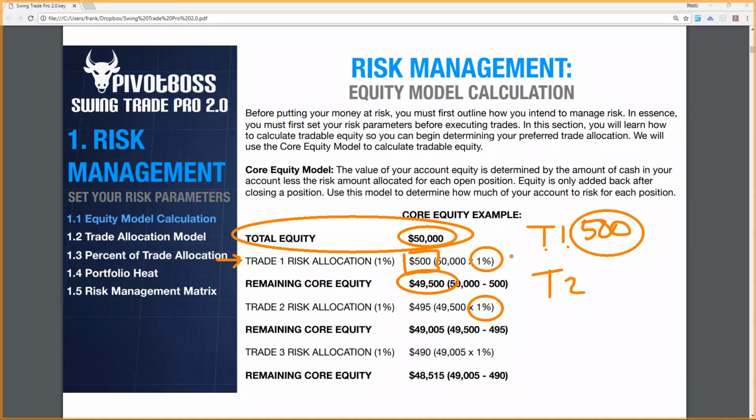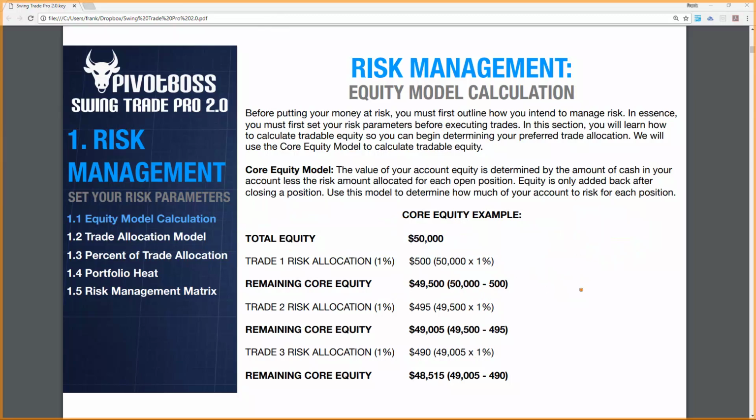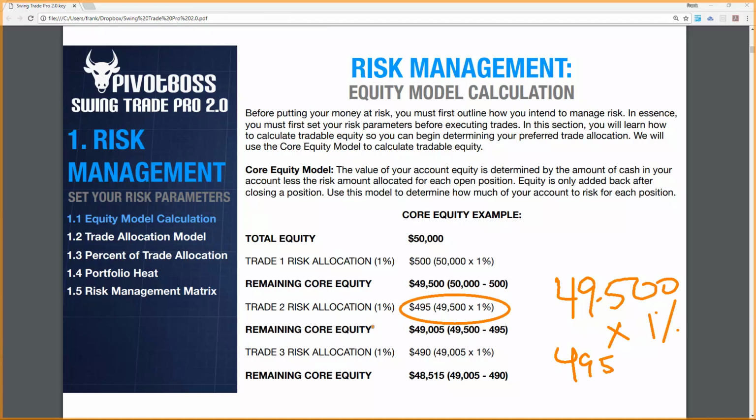So the risk portion of any open position. If you're still risking $500, subtract it from the original, and now you have $49,500 to place on the next trade, or to use a percentage of that, times 1%, right? That gives you $495. That's right here for the next trade allocation. So trade 2 gets 1% of this core equity, and that's here.